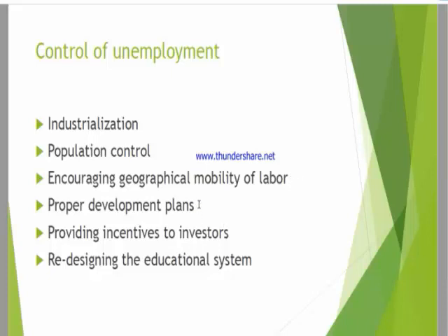We know that the lack of such plans is a problem that causes unemployment. So if the government can bring up good plans that can help in industrializing the economy, it will help in controlling the rate of unemployment in that country. We also have another way of controlling unemployment, which is providing incentives to investors.